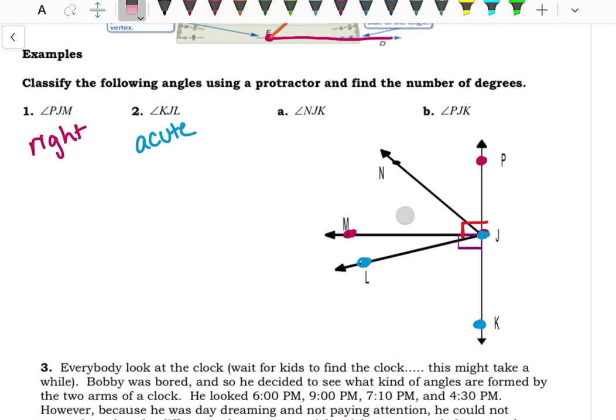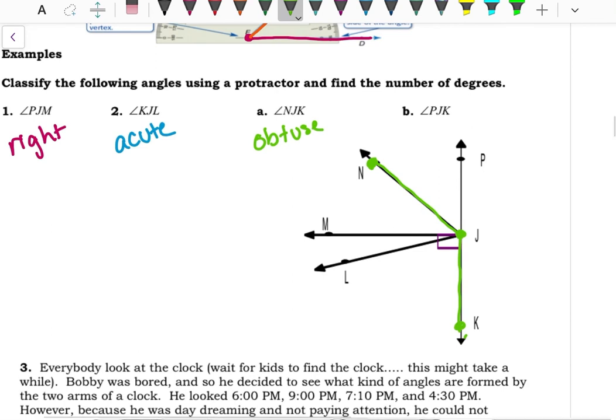Next, I'm going to erase some of this, we have angle NJK. Trace it. That is larger than 90 degrees, so this would be an obtuse angle. It's greater than 90. And then we have PJK.